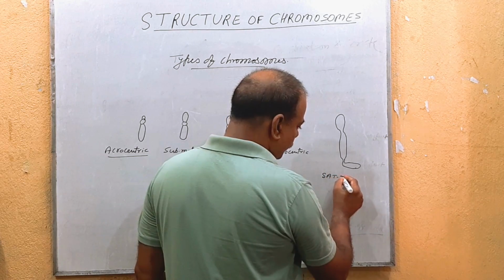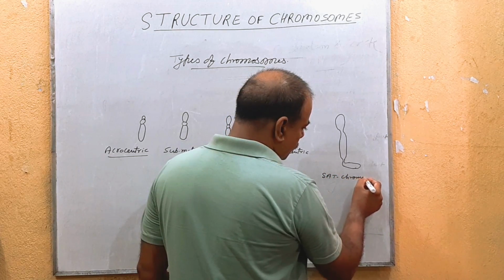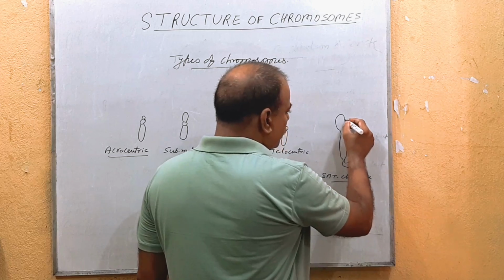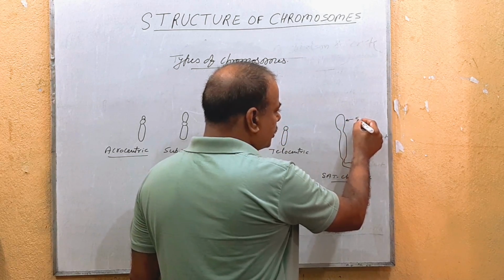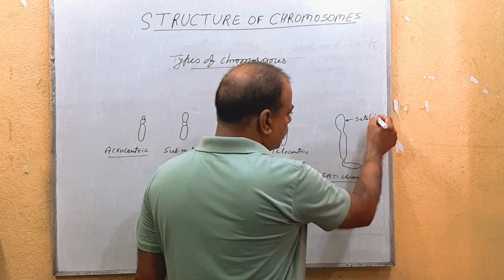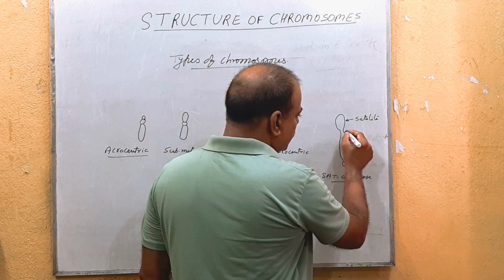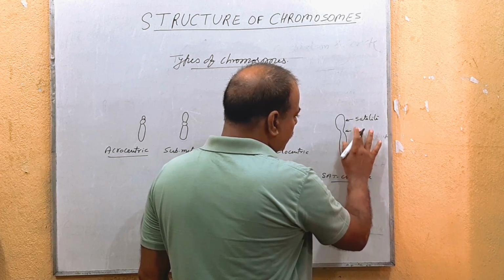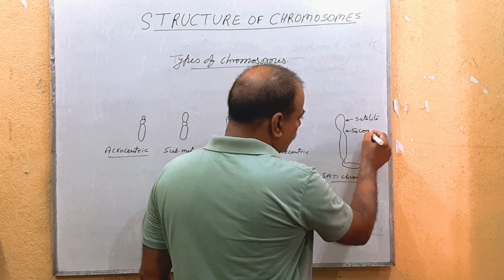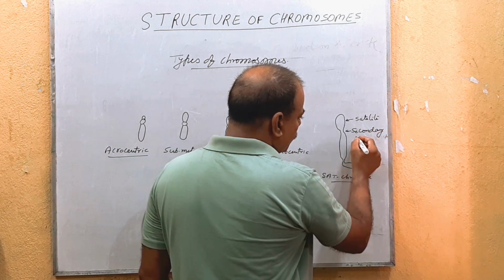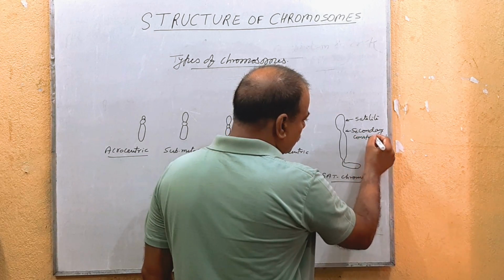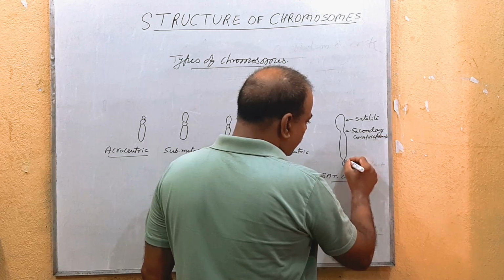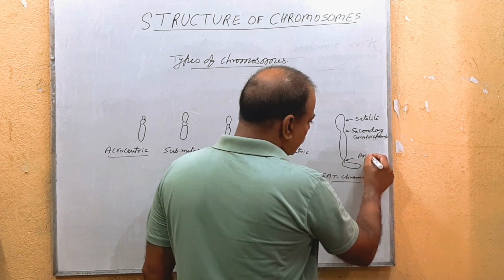SAT chromosome. Because this head-like structure is known as the satellite, and it is the secondary constriction, and this one is the primary constriction.